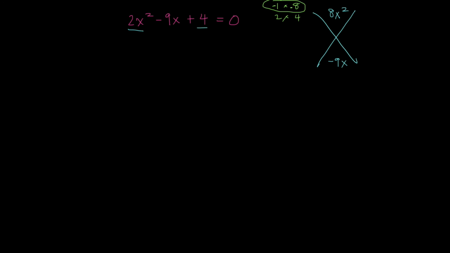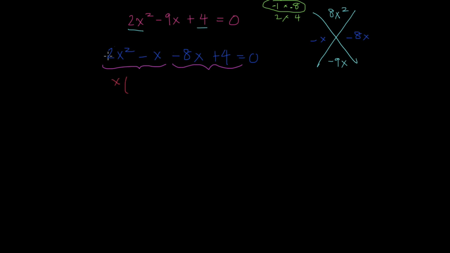Okay? So to go ahead and solve this, what I would do first is just copy the first term and the last term, set them equal to 0, and then now we're going to split the middle term into our factors, which is -x, so -1x or -x, and -8x. Now I want to look at the first two terms and the last two terms. When I take the first two terms, what I have in common here again is the x.